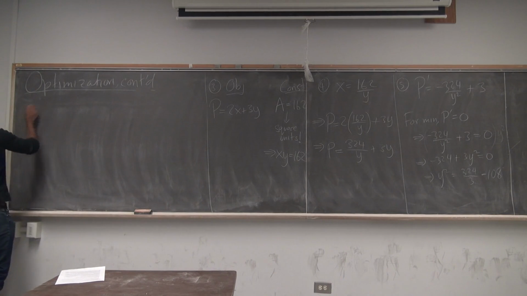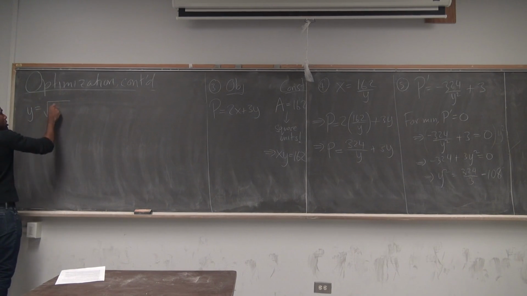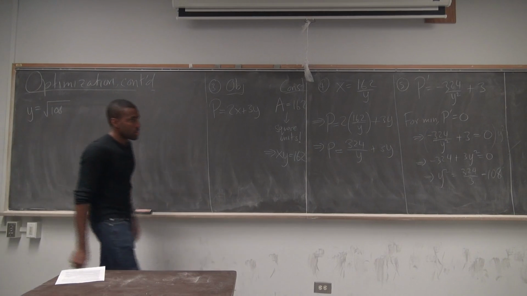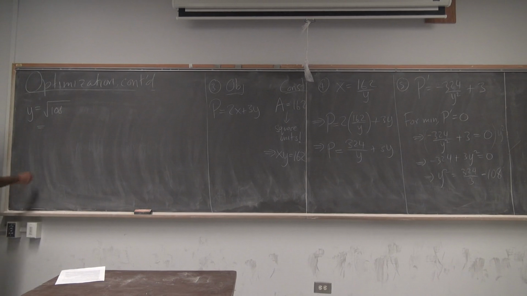And so now my y is going to be what? Square root of 108. Obviously, I'm not going to take the negative, just ignore it because we're talking about length here. So square root of 108 is what? 9? What's square root of 108? I don't think that works.